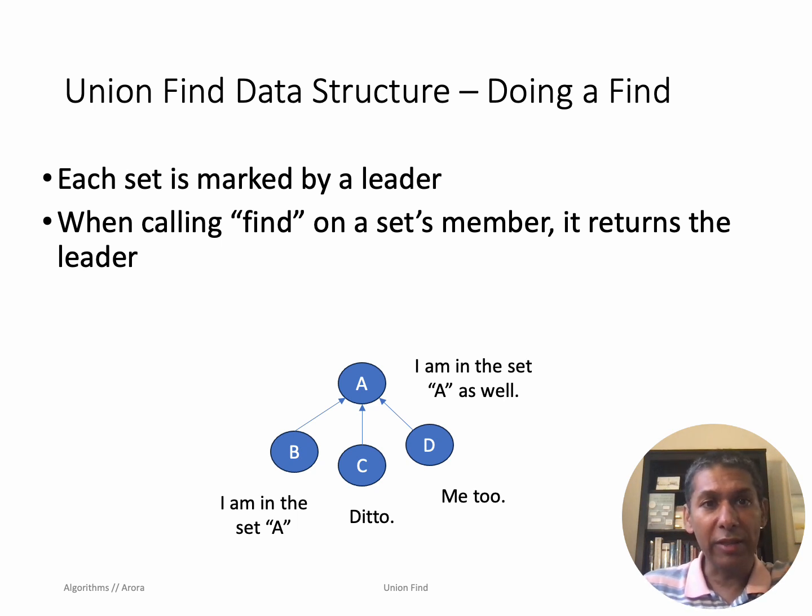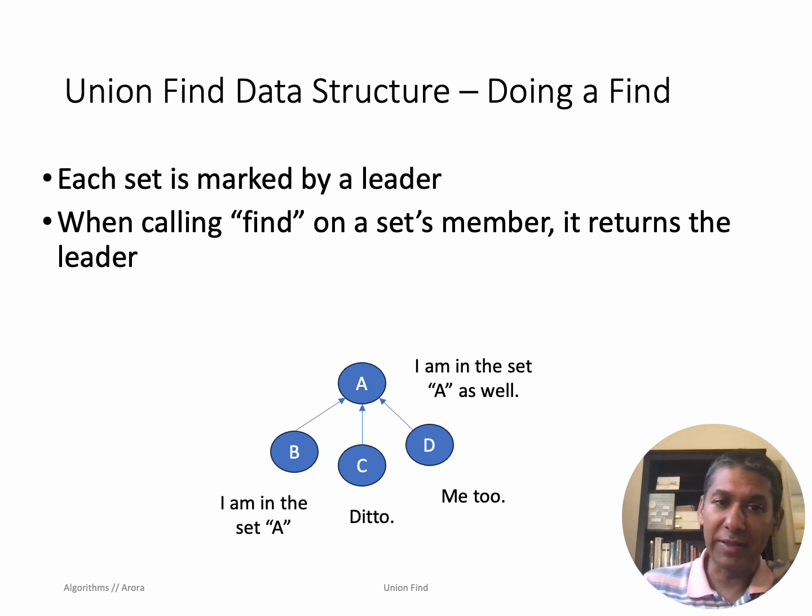When we call find on a set's member, we just return the leader. So if you call find on element B, it will traverse up and say, I'm in the set A. Same thing for element C, same thing for D. And if you call find on A, because its parent node is null, it recognizes that it itself is the root.